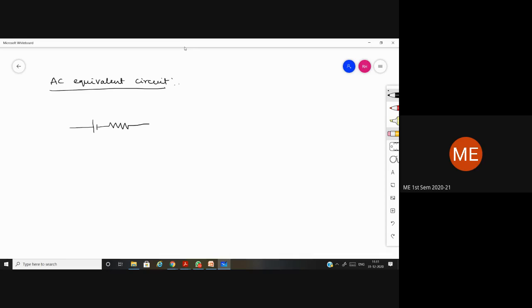To this, we are going to connect one capacitor. This is known as the equivalent circuit for the diode under forward bias condition for AC supply.